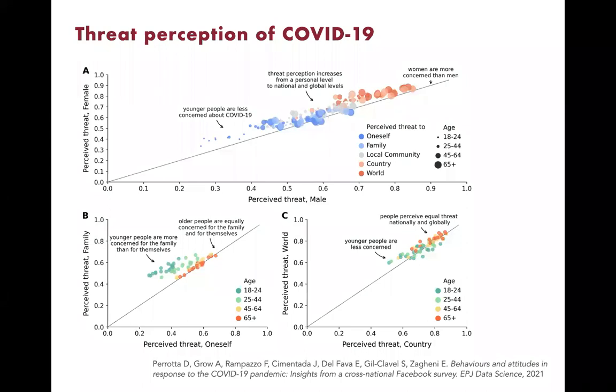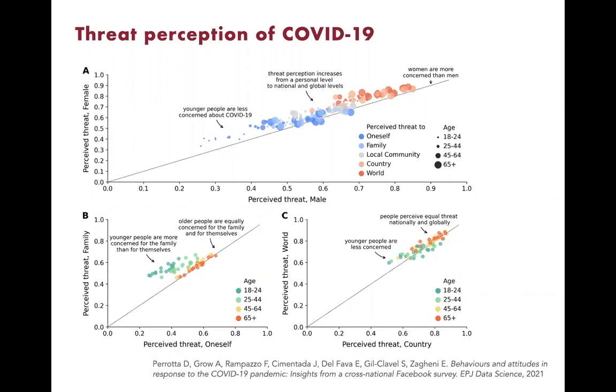So the threat perception can serve as a sort of indicator of the level of awareness and concern in the population. And more importantly, if it's age and gender specific, it's relevant because it translates into the efficacy of communication campaigns and consequent adoption of preventive behaviors.